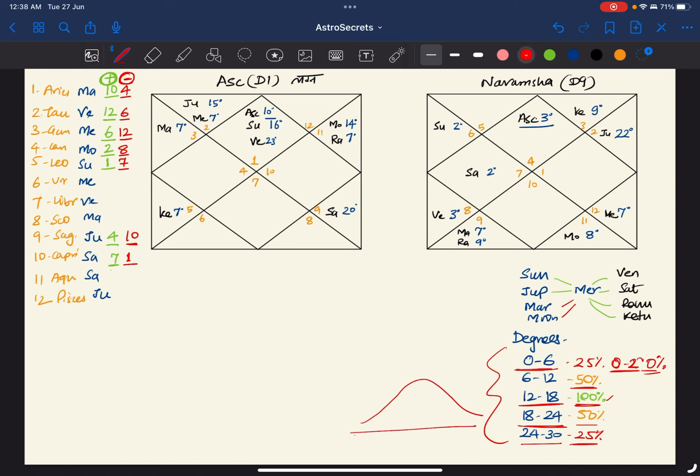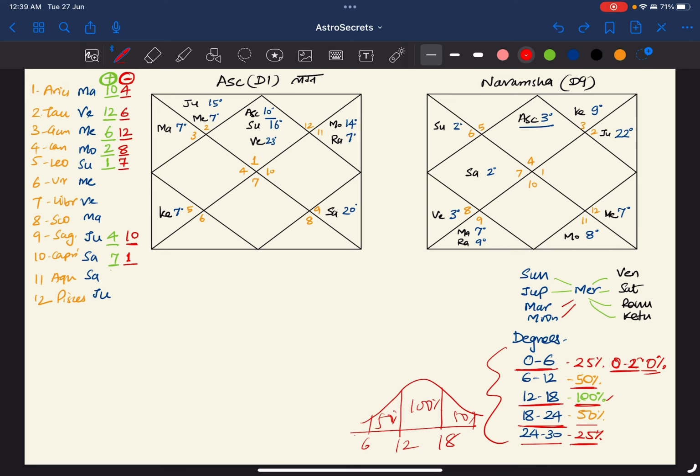So if this is my 12 to 18 degrees, the effect is going to be 100%. If it is 6 to 12, then the effect is going to be 50%. 18 to 24, again, the effect is going to be 50%. And here likewise 25%, and on the right hand side 25%.